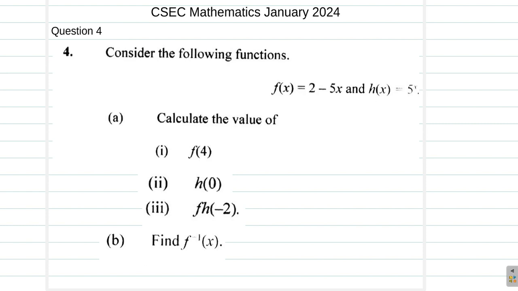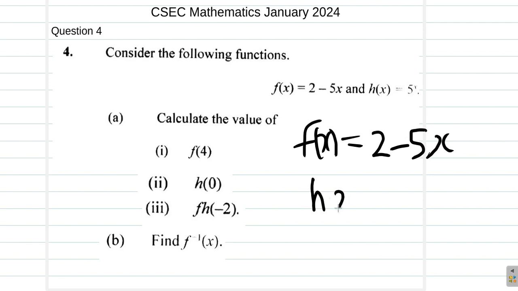Let me just write them here, make them larger. f of x is equal to 2 minus 5x. Also, h of x is equal to 5 raised to the power of x. What I want you to do is pause the video and work out part A and B. Then we'll come back to it.